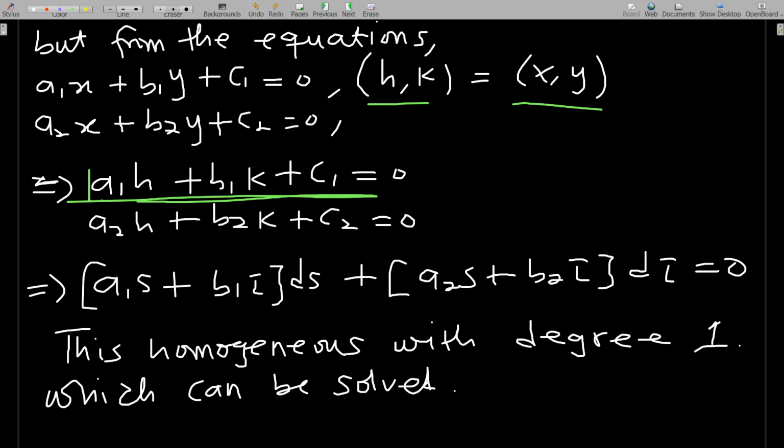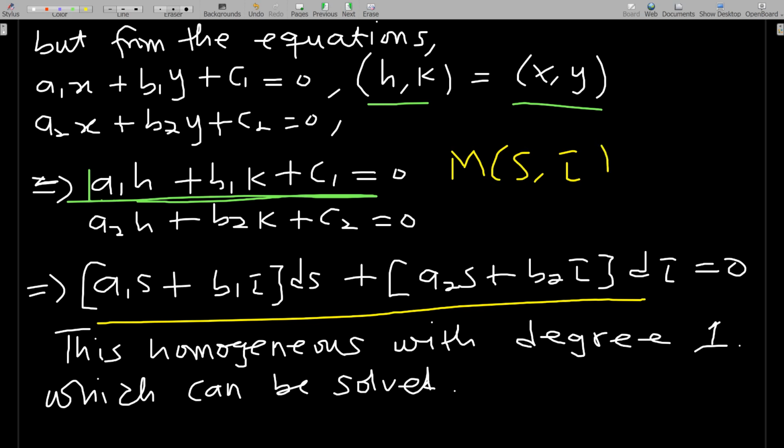Everything will change to a homogeneous form, and this is indeed a homogeneous differential equation with degree of 1, because the variables we are dealing with here are s and tau. This side will be m of s tau, and this side will be n of s tau. And I hope you know how to find the degree of homogeneity and how to show that a first order differential equation is homogeneous.